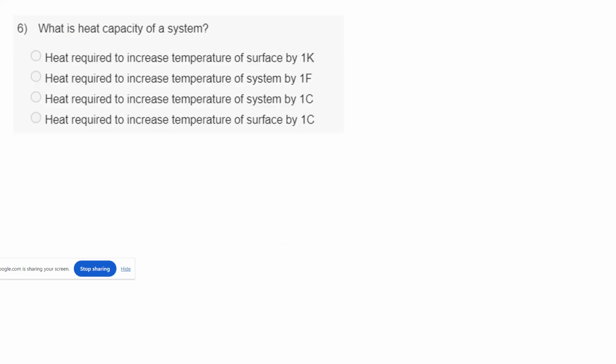Okay, this is the next question. What is the heat capacity of a system? Which of these options is the correct answer? First option. Okay, option 3.